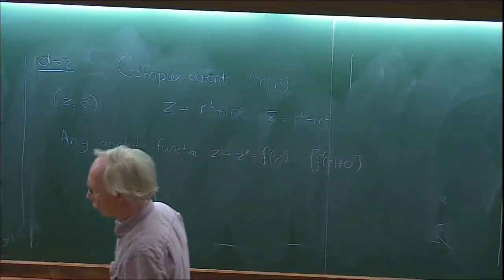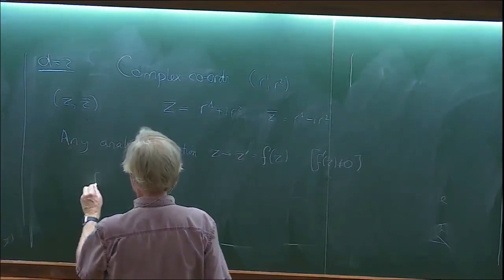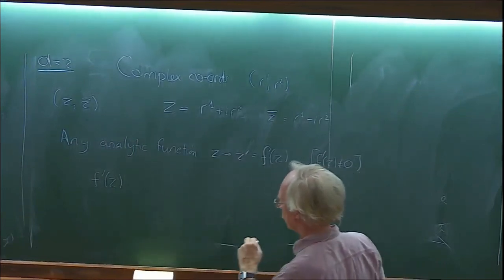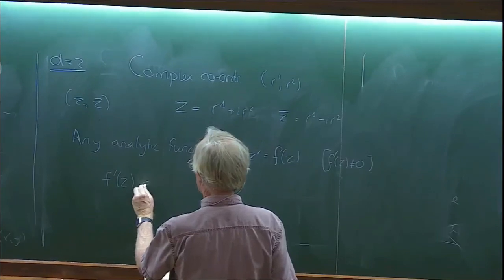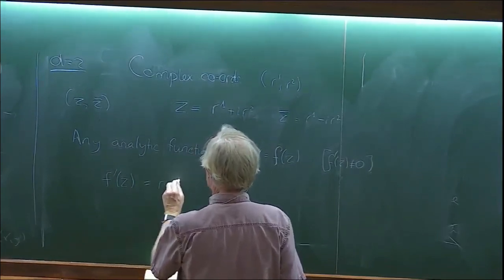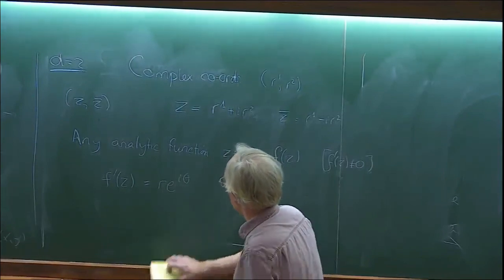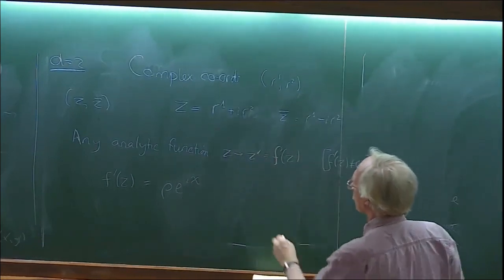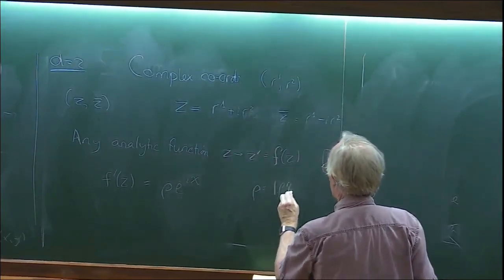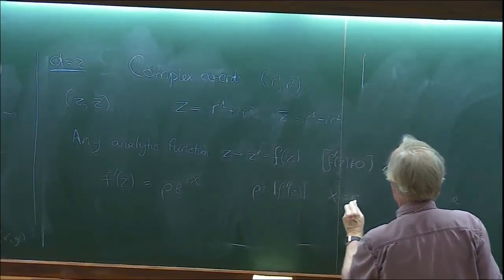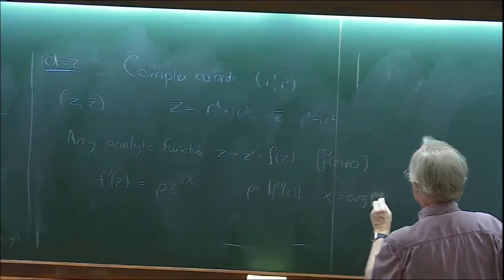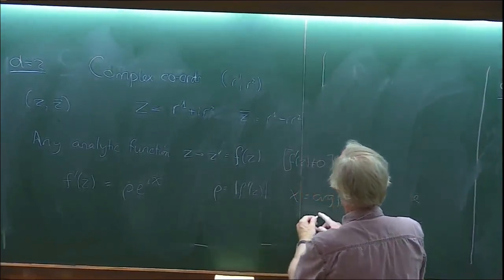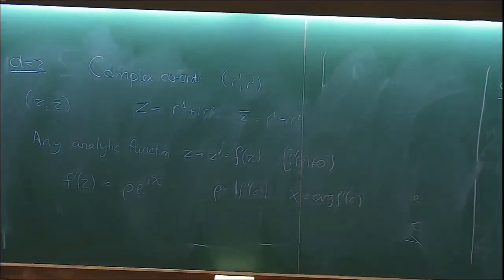And you can see that if you look at the derivative and write it in polar coordinates, rho e to the i chi, so that rho is the modulus of f prime and chi is the argument of f prime, then this just corresponds to a local scale transformation, and this just corresponds to a local rotation and nothing else.